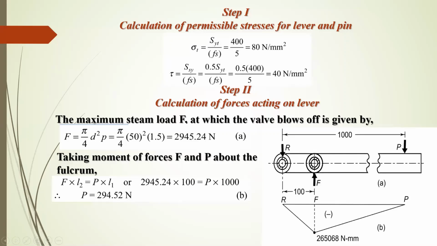So we can equate both the moments. P into 1000 is equal to F into 100. This 100 distance is for the F force. F is calculated in the above step, 2945.